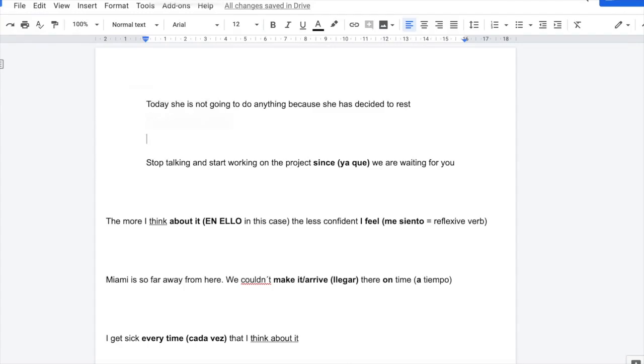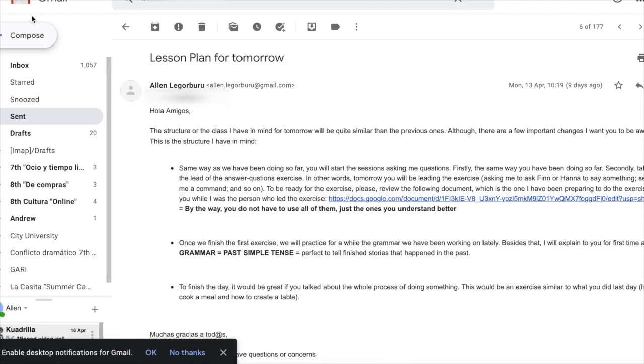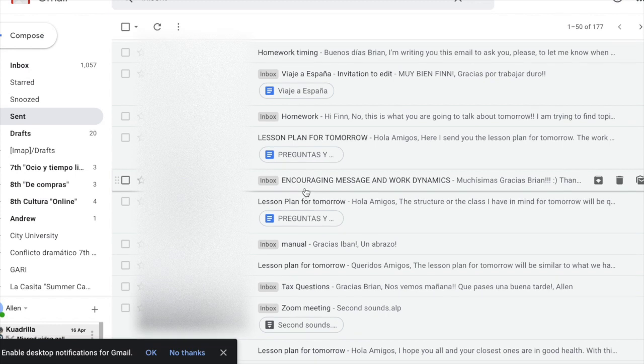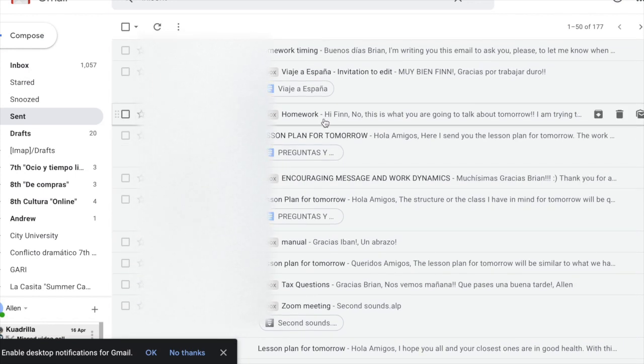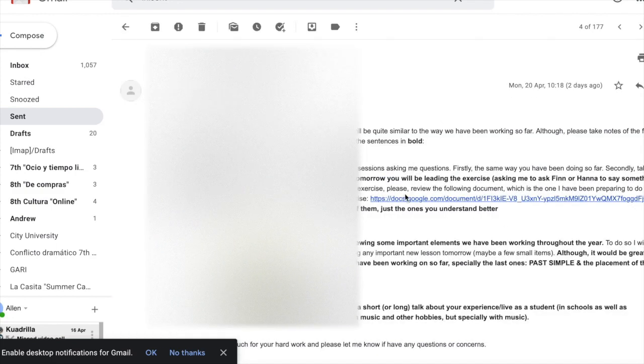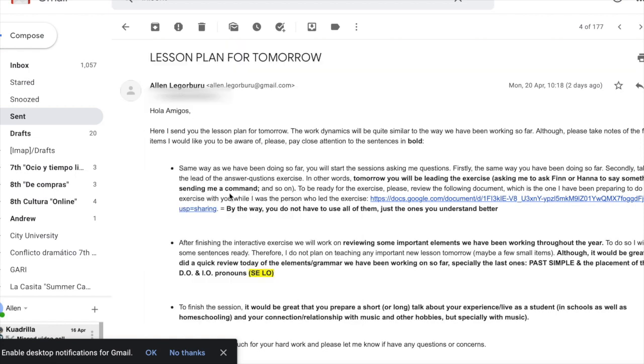All right, here we go. Okay, this is very briefly. It's always good to let our students know what they are going to do the day of. Another lesson plan. Here, the exercise. By the way, you don't have to send it in a command. They need to know that they are going to do that.